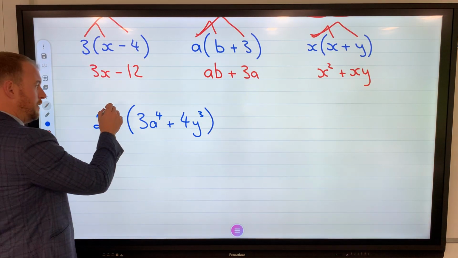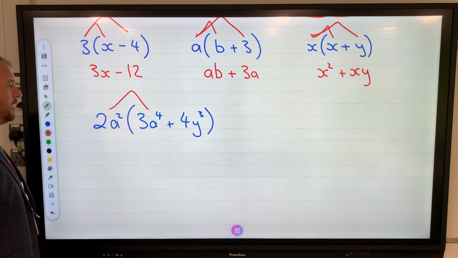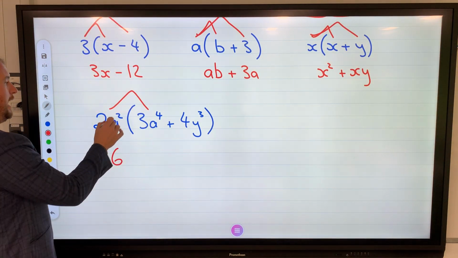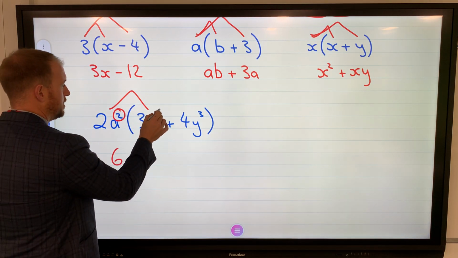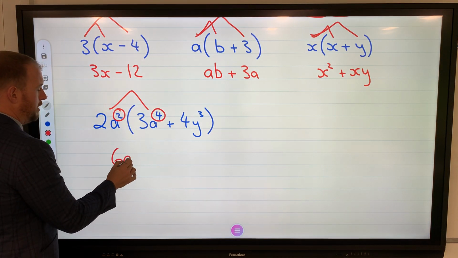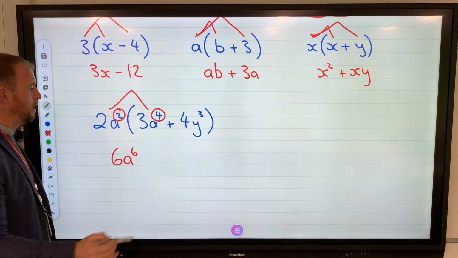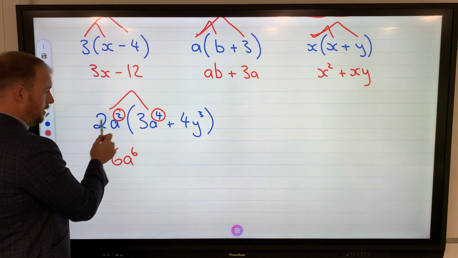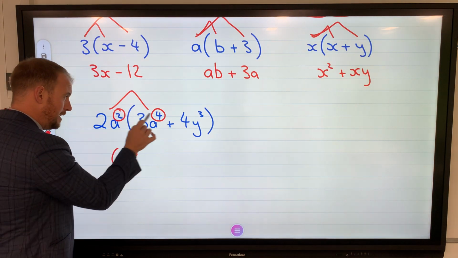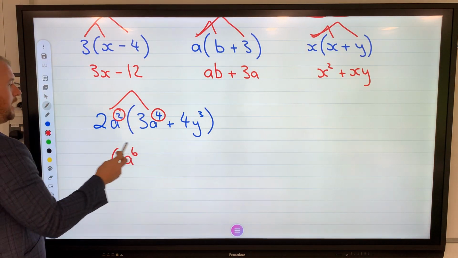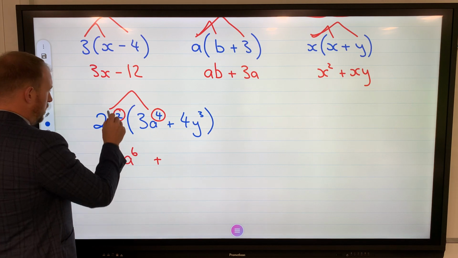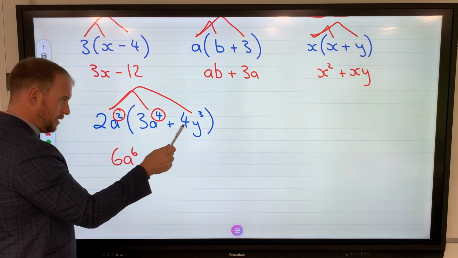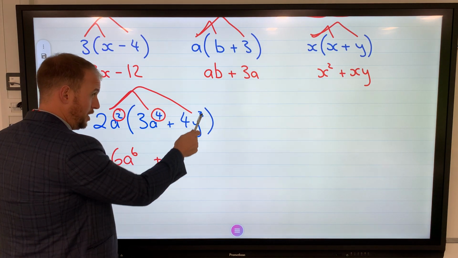Everything outside, you have to multiply by what's inside. 2 times 3 is 6. a squared times a to the power of 4 would be a to the power of 6, because remember, when we multiply the expressions, we need to add the powers. Plus symbol. We're now going to do 2a squared multiplied by 4y cubed.